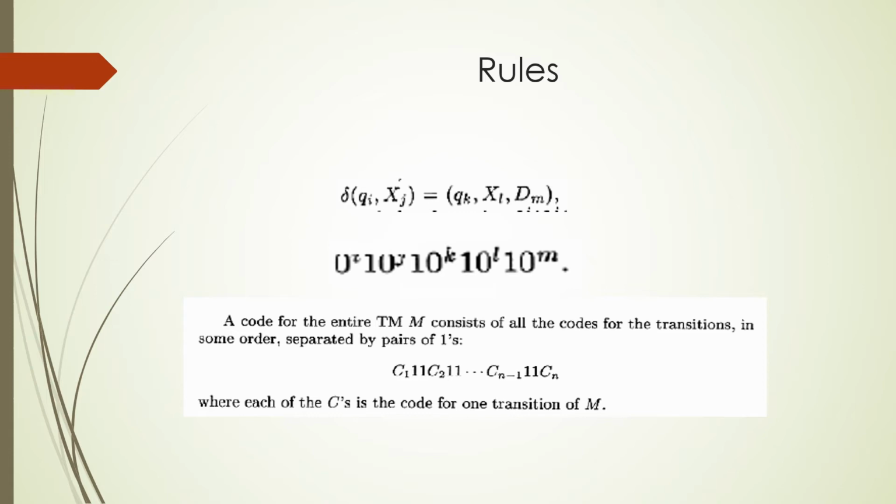A Turing machine is nothing but a collection of transition functions. So we have to encode each transition function that is present in a Turing machine as shown here. After encoding each transition function, how is the encoding of a Turing machine to be written?